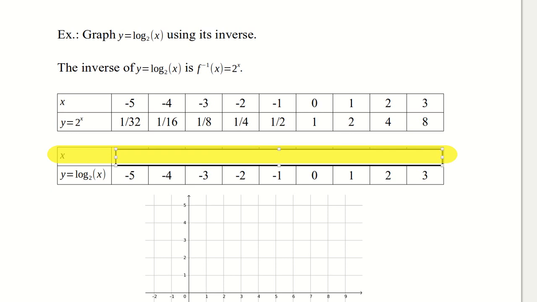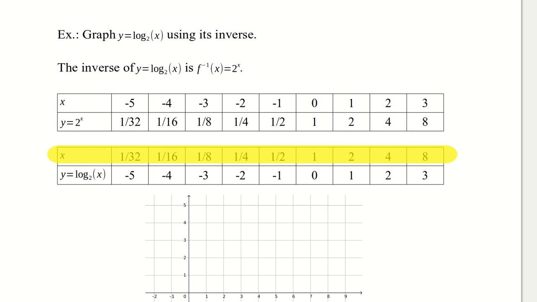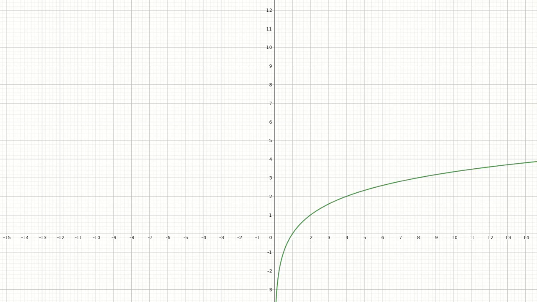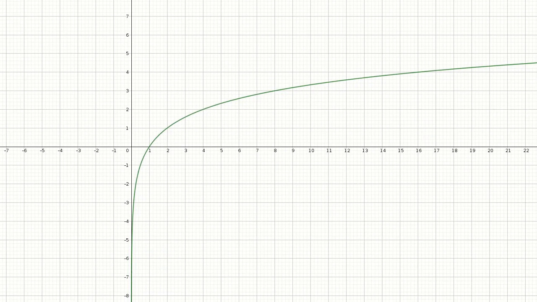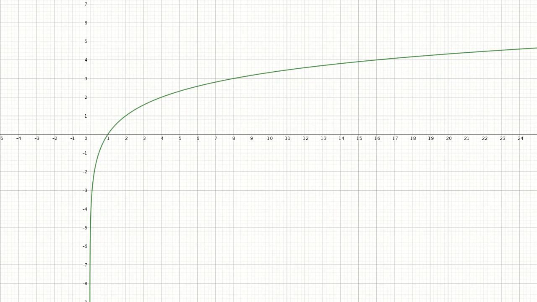So we're going to see those same numbers. In other words, we're swapping x's and y's. So here's the graph of log base 2 of x. We can see a little bit more of it. We can see that it is the inverse of y equals 2 to the x.